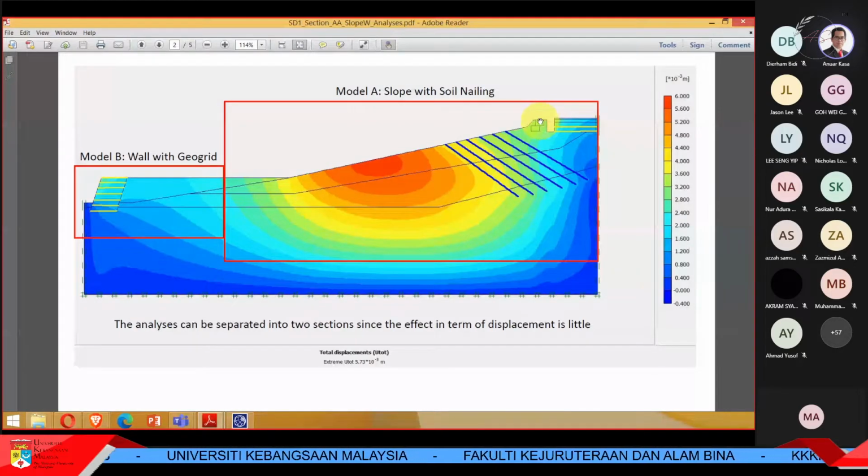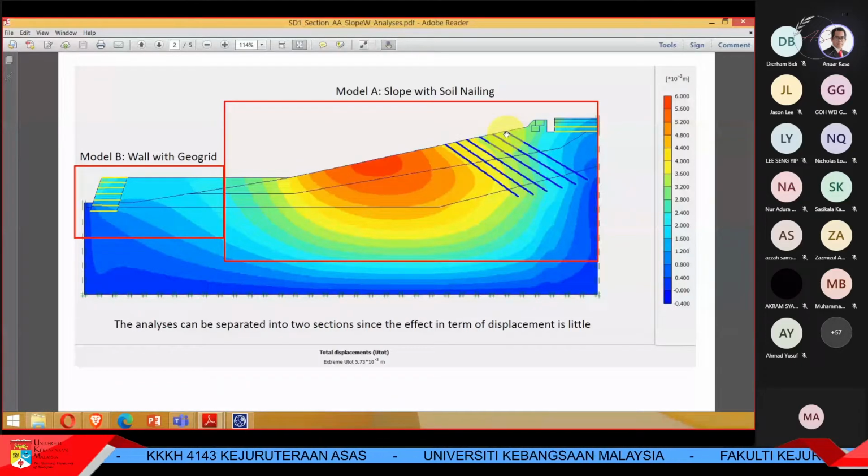This is a global stability analysis, that's why I stretch the geometry. So the gabion wall here, and here they are using soil nailing, like using the nail.